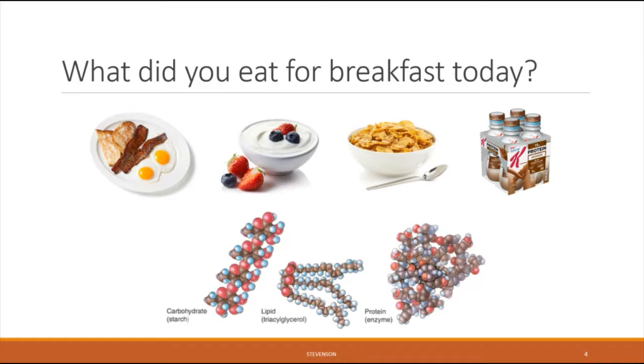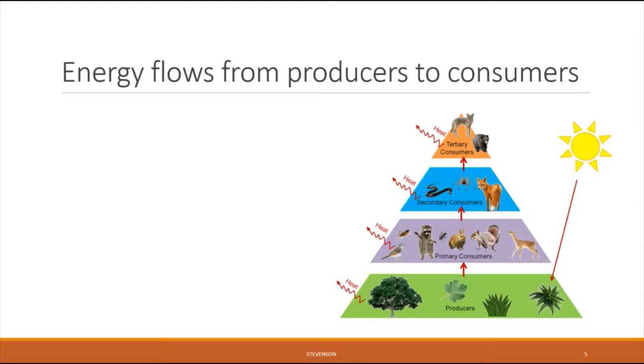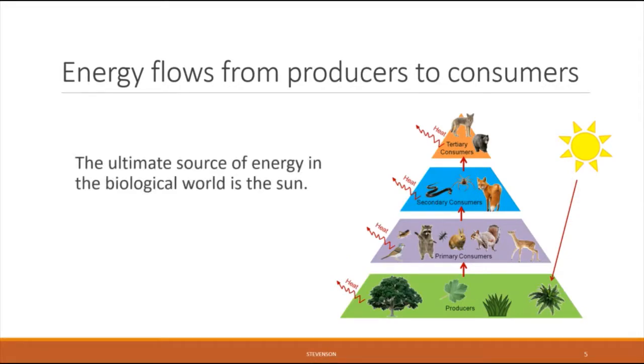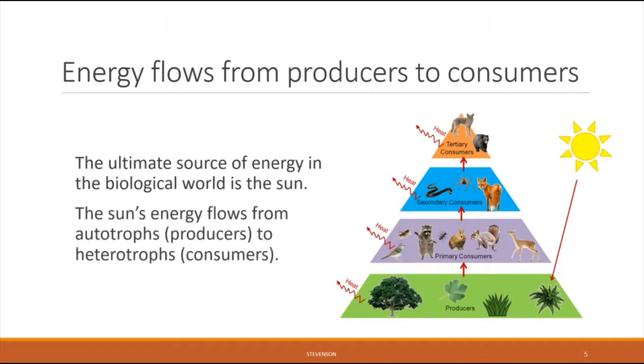You are eating sunlight energy every time you eat something, although it may be a little bit farther removed from when it was sunlight energy. It originally came from the sun. So, in the biological world, as we've talked about before, the ultimate source of energy is the sun, and that energy flows through the autotrophs into the biological world and up the different levels of heterotrophs, which are considered consumers of the autotrophs.